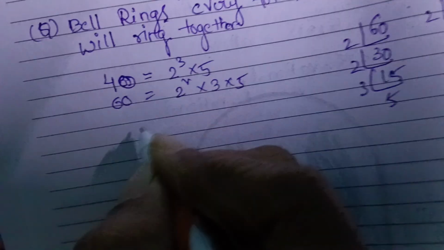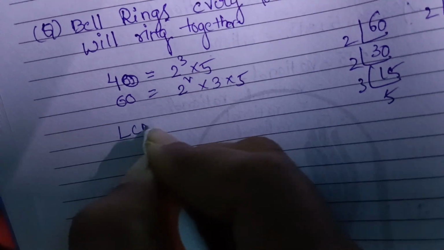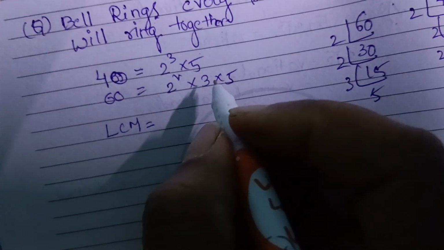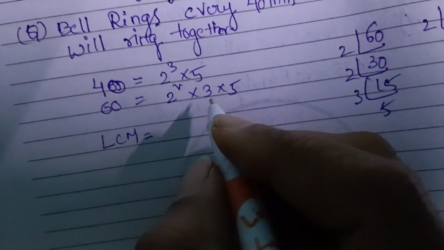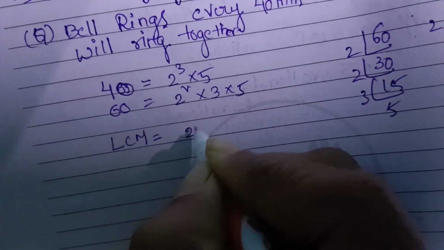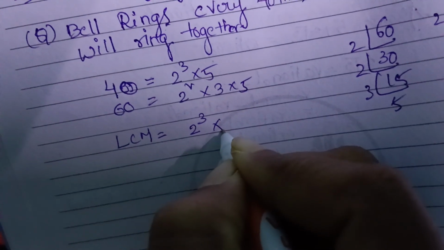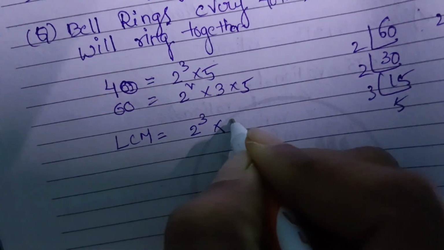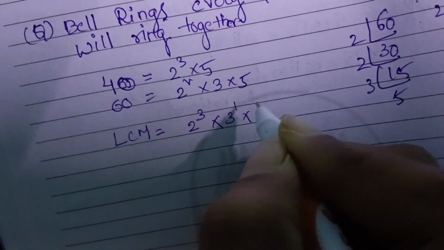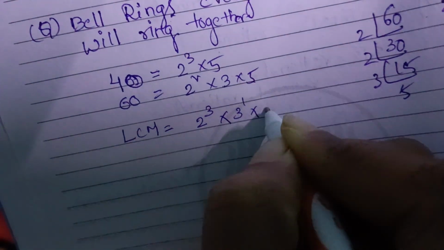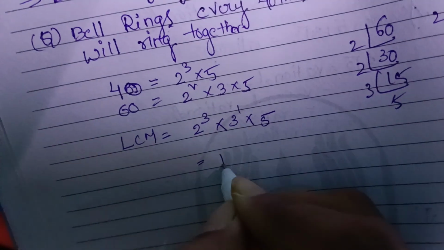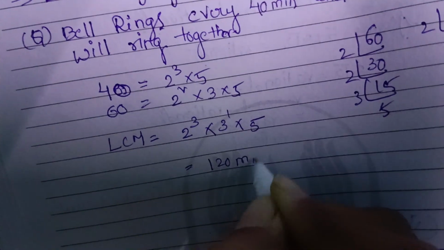How to find the LCM? LCM is the highest powers of all the prime numbers, right? So the highest power is 2 cube, and the next prime number is 3. The highest power is 3 power 1 only. And the next prime number is 5. So the answer is 120 minutes.